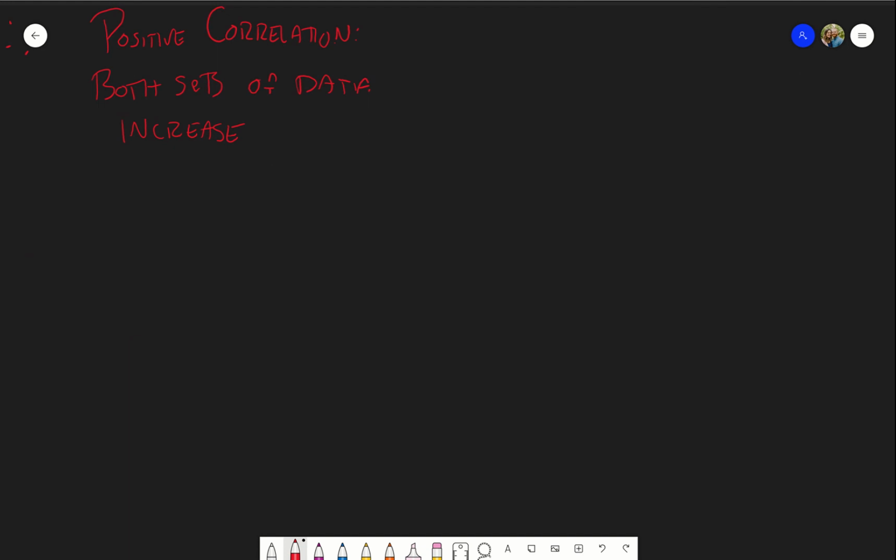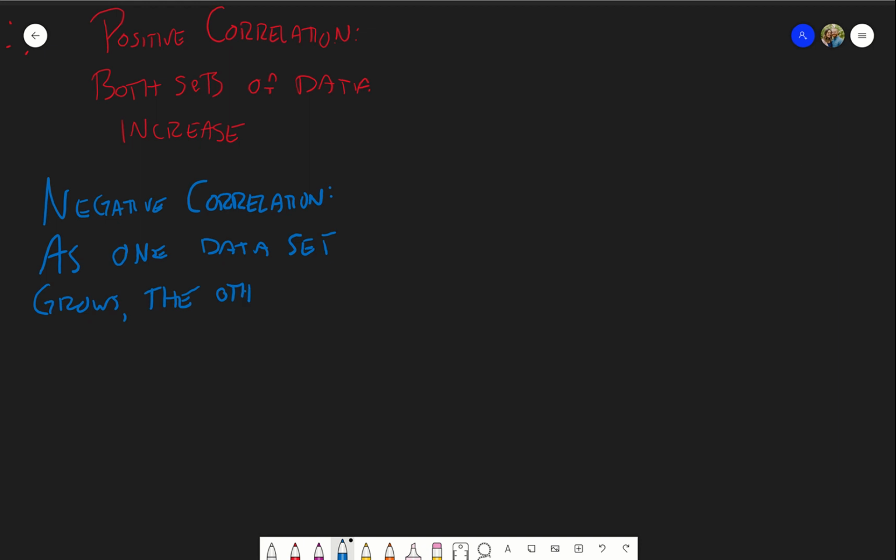Another correlation we might see is a negative correlation. And this is as one data set grows, the other shrinks. And this might be a graph. It might look like this, and here we go.